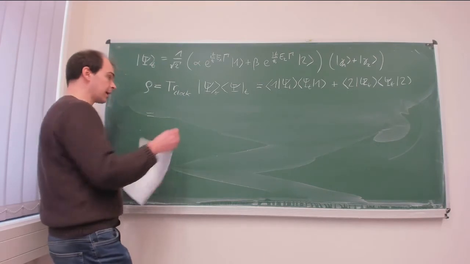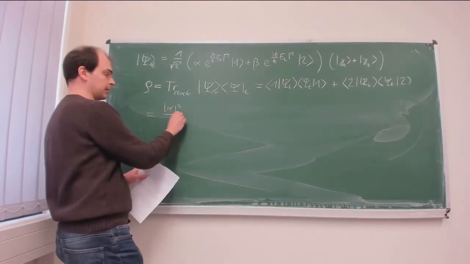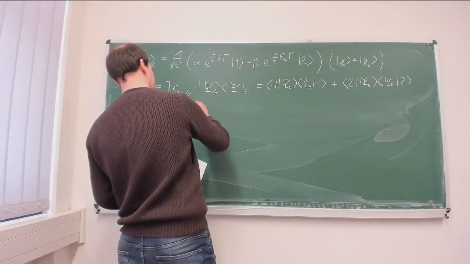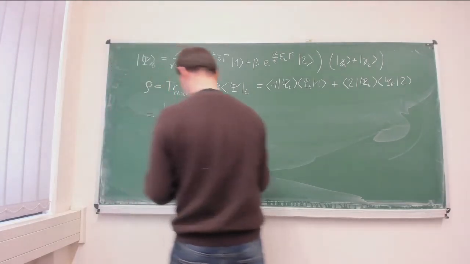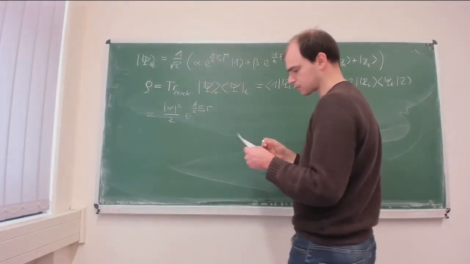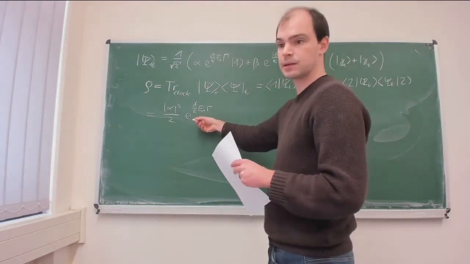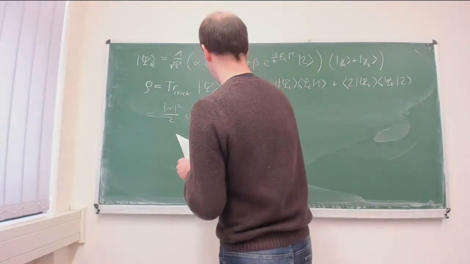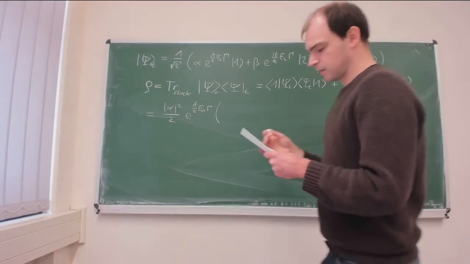So in total we have alpha squared half, then this operator once. And now here we get the product.